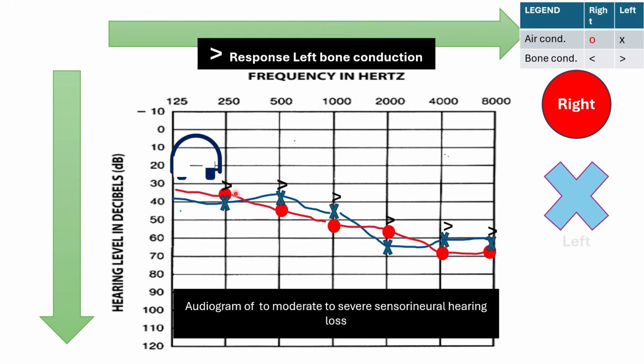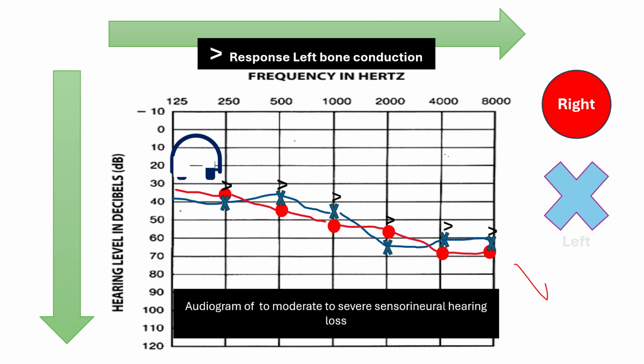The bone conduction test result here is abnormal, between 30 and 60 decibels hearing loss. So there is a moderate to severe sensorineural hearing loss, and there is no air-bone gap. So this audiogram shows moderate to severe sensorineural hearing loss, and the only treatment is hearing aids. Cochlear implant is another option for treatment of sensorineural hearing loss in pediatrics for qualified children.